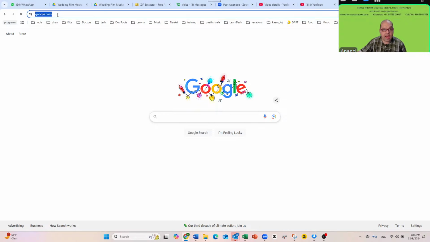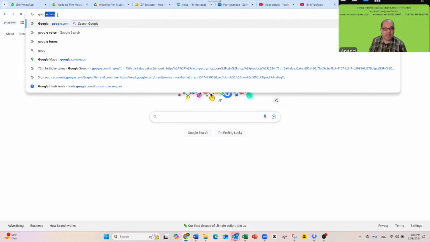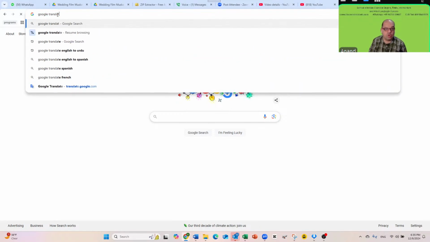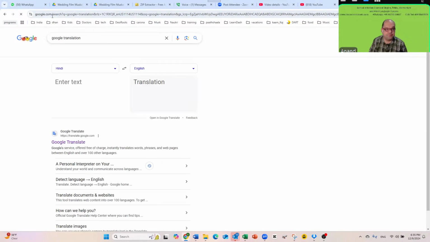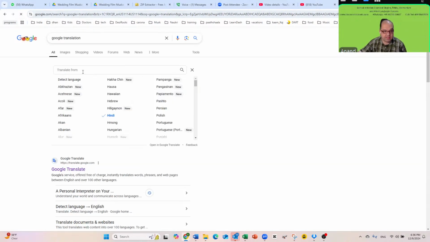I have a Hindi keyboard installed on my laptop, and I'm going to teach all of you in a little while, maybe in January, how to install Hindi keyboards. Okay, there are multiple Hindi keyboards. So if I go to Google Translate, and if I simply say translate from English.